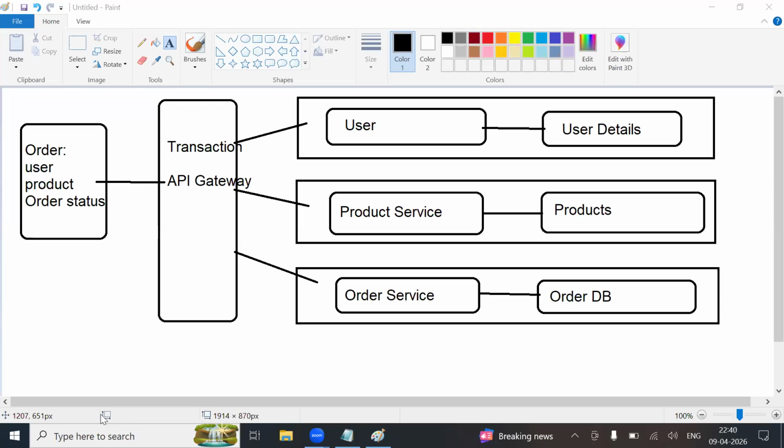So we consider only the product ID and user ID in the order table. We will store only the user ID and product ID. We won't store any entire product detail or user detail in your order service. Understood? Okay.